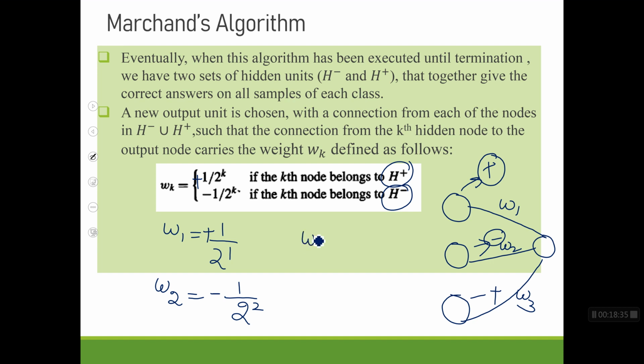And then the third weight will be omega 3. It is going to classify the patterns from the plus class. So it will be this.